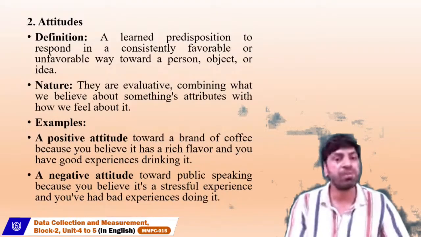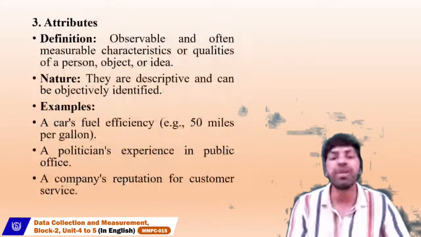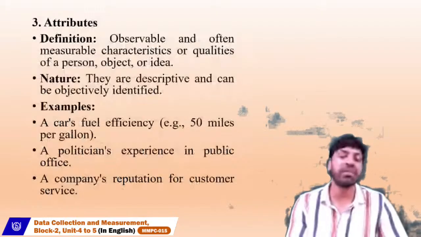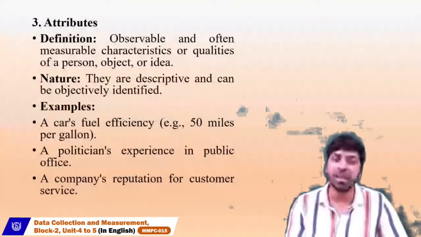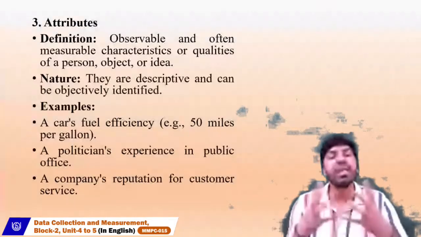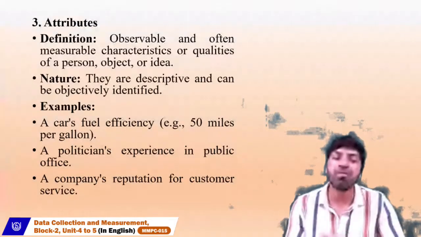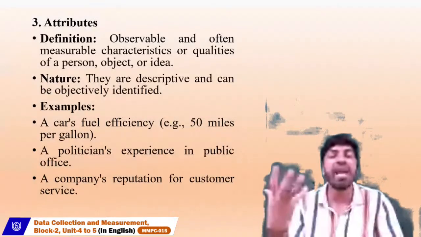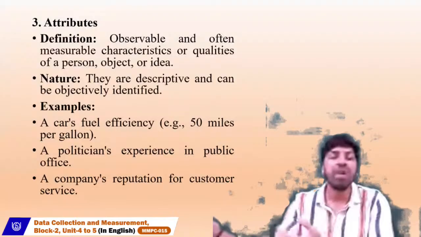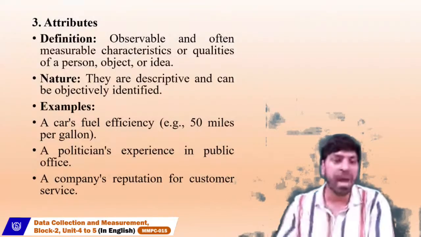Next is attributes. Attributes are the observable and measurable characteristics or qualities of a person, object, or idea. If we're talking about political experience in public office, we always give options: it would be good, bad, excellent, very bad.